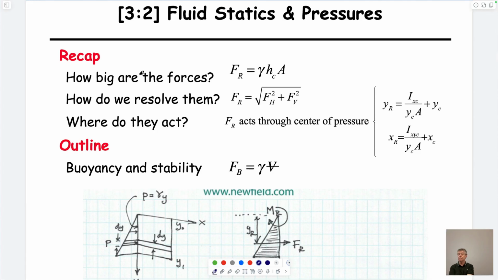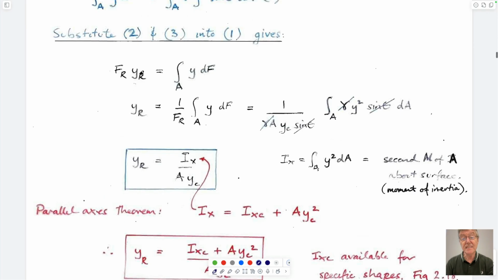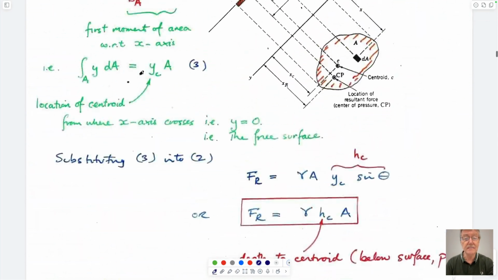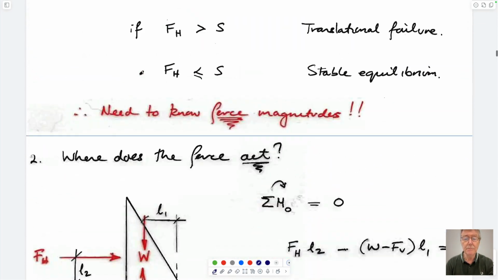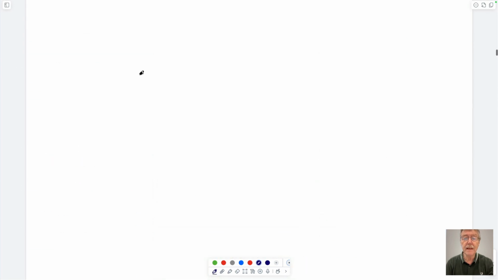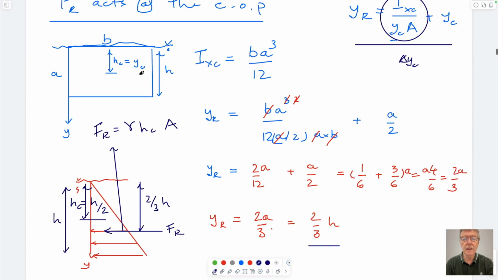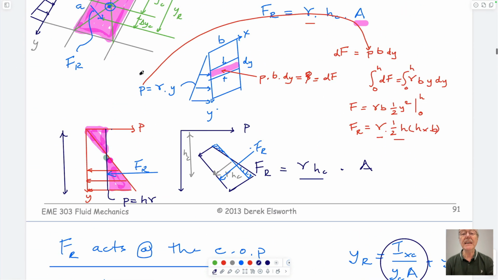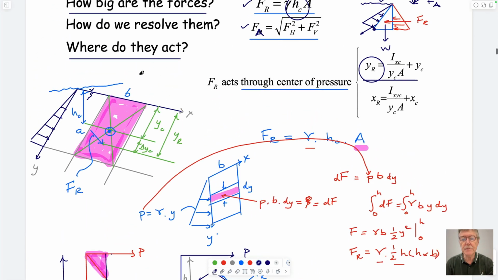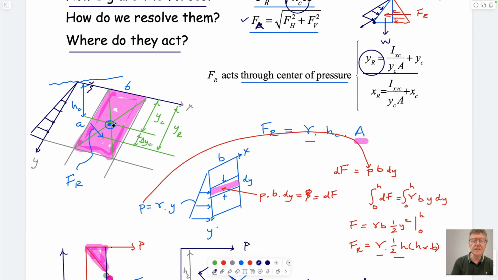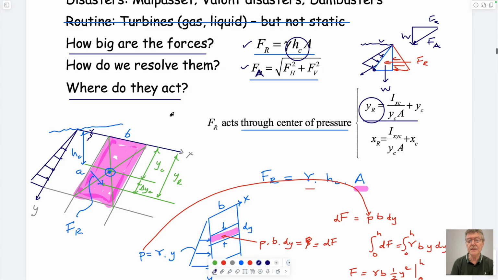So fluid statics and pressures. Actually, I will make the point that I saved you a lot of math last time by doing the things that we talked about. And it was a relatively simple presentation that kind of explained what we're doing, came up with this diagram that's defined the two things that we need to know.